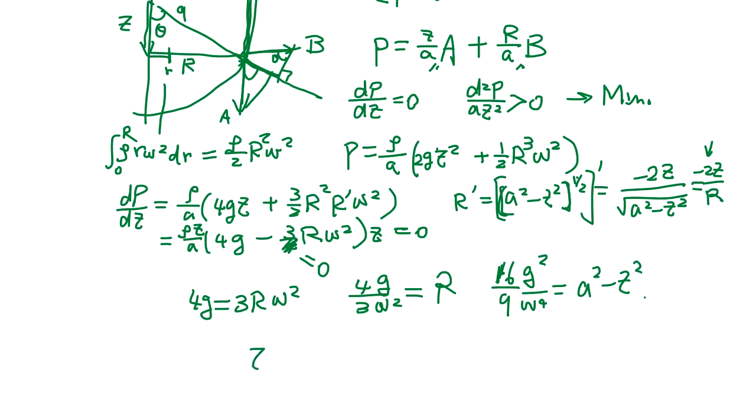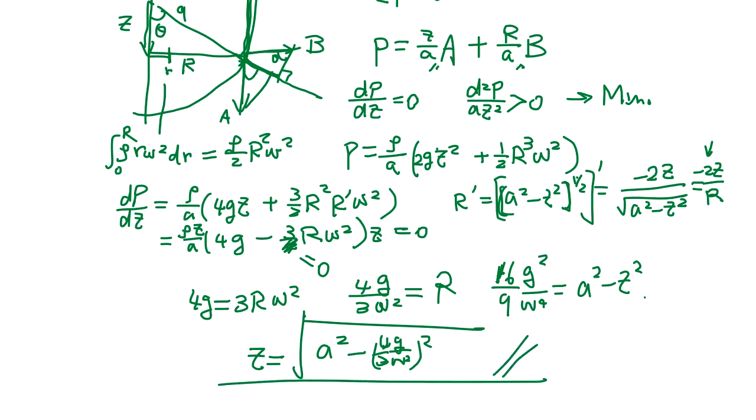So what we want is z is the square root of A square minus 16 over 9 g square over omega 4. Okay, so that's the condition.